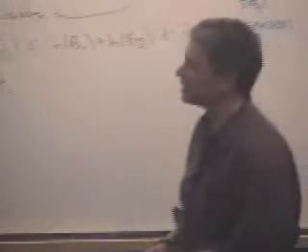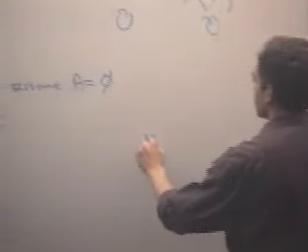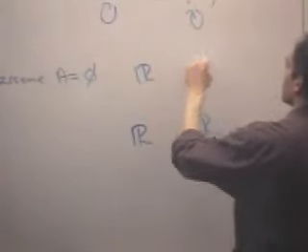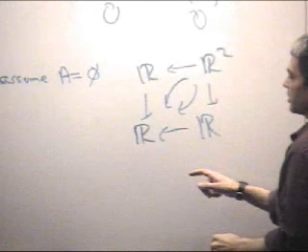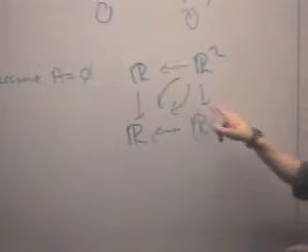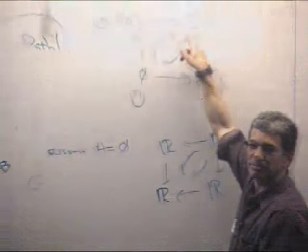Okay. Anyway, so let's assume that A is the empty set. What I will take is I will take R, and R squared. The number in the exponent comes from the number of edges there are between the two objects. Okay.